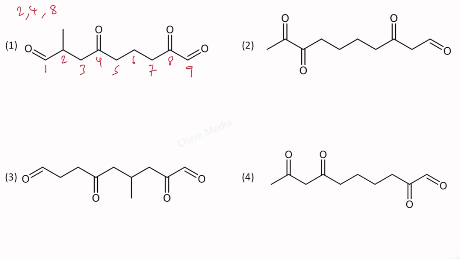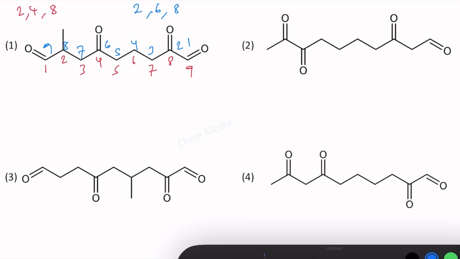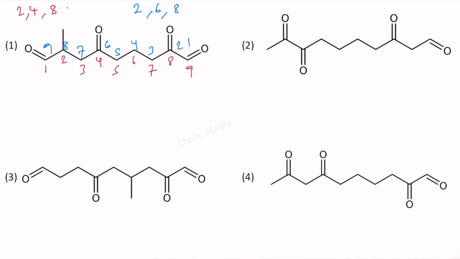On the contrary, if we do the numbering right to left, then 1, 2, 3, 4, 5, 6, 7, 8, 9. Now the substituents are coming at 2, 6, 8. Which is preferred? Obviously this is preferred, because 2, 4, 8 as a set is better than 2, 6, 8 as a set. Therefore 2, 4, 8 is preferred.